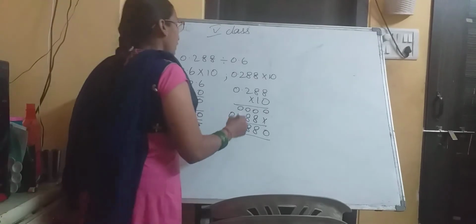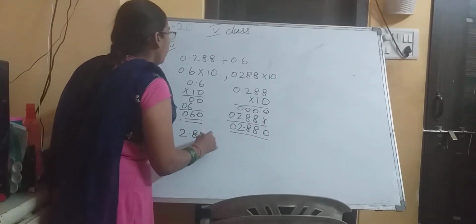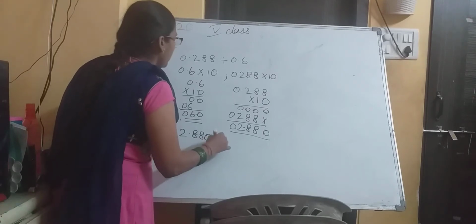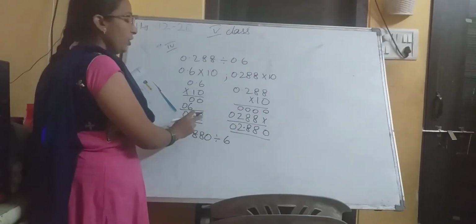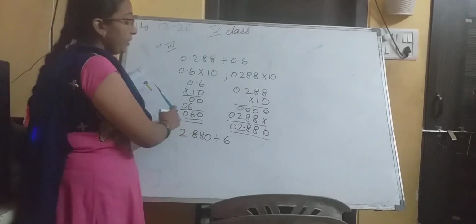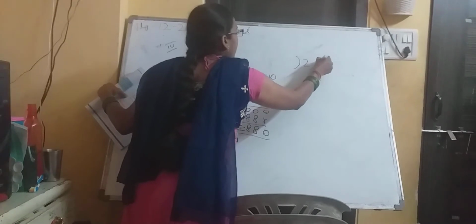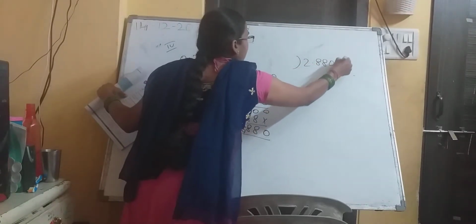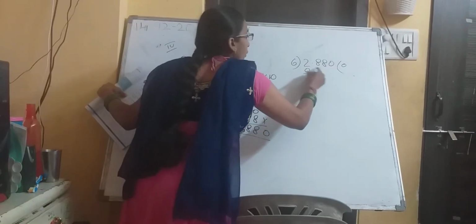So what you got? 2.880 divided by 6. Like this you get. Zeros after the last digit after the point are not counted, and a zero before the number is also not counted. Now you are going to divide. 2.880 divided by 6. 6 zeros are 0. 2 comes down.